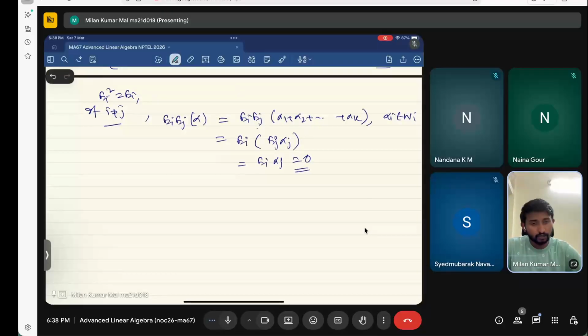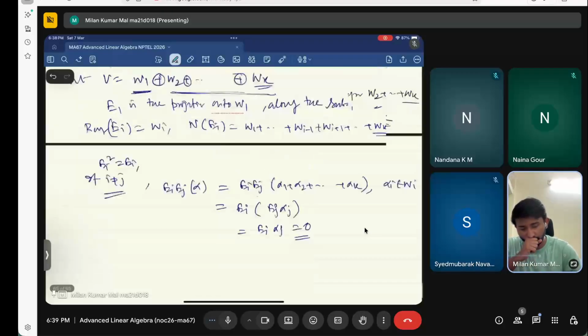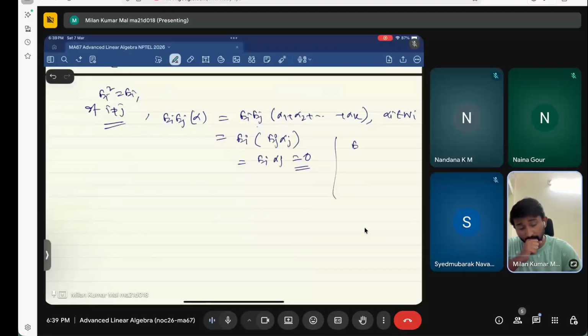Whenever you have a projection, there are two things: one is the range and one is the null space. It will map a range element to itself. Recall what we have done previously: if beta is in the range of E, then E beta should be beta itself.